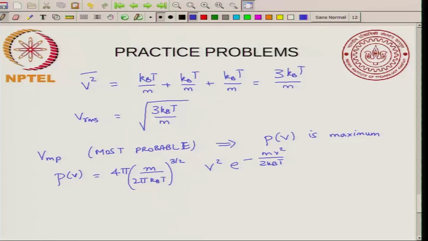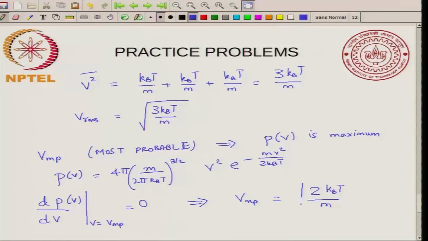If this is maximum, the derivative with respect to V should be 0. So, dP of V by dV at V equal to V most probable is equal to 0. You have to take the derivative of this quantity, and if you work it out, you will get V most probable equal to the square root of 2 k b t by m. You have to work this out, and you will get this result.